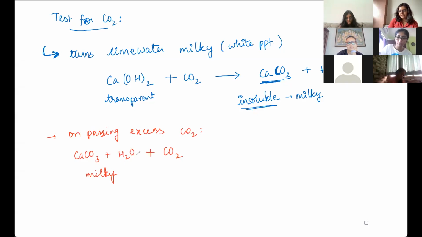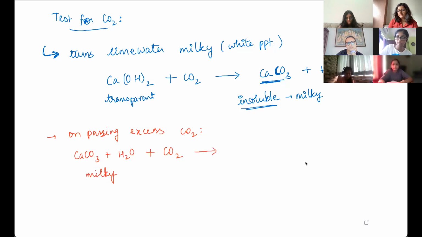So already in the solution we have lime water transparent turned milky. Now we're still passing CO2. So what happens is a different substance forms. This will react with the water and carbon dioxide and produce calcium bicarbonate, which is Ca(HCO3) taken twice. Now calcium bicarbonate is soluble, which means as soon as the substance is formed, it's going to dissolve in the water in the test tube, and because it's dissolved, that milkiness disappears. So it becomes transparent again.